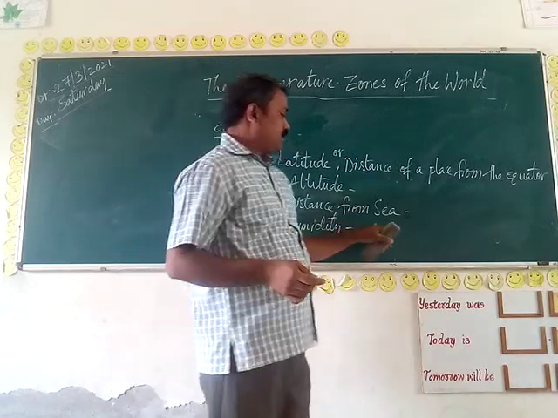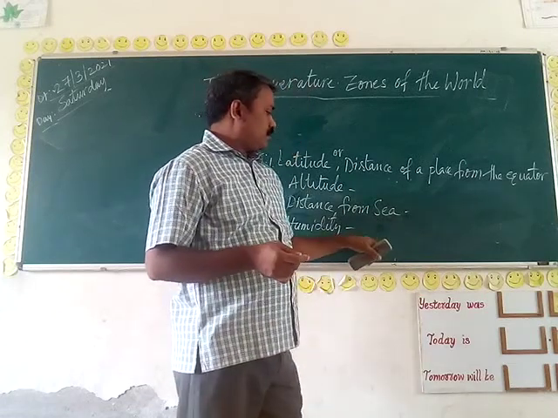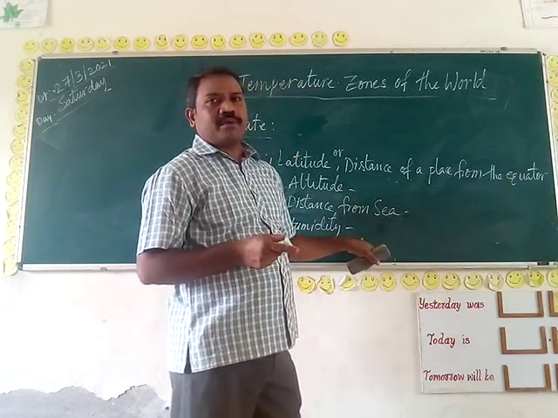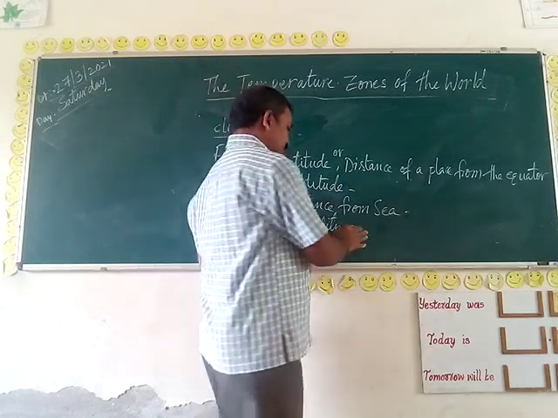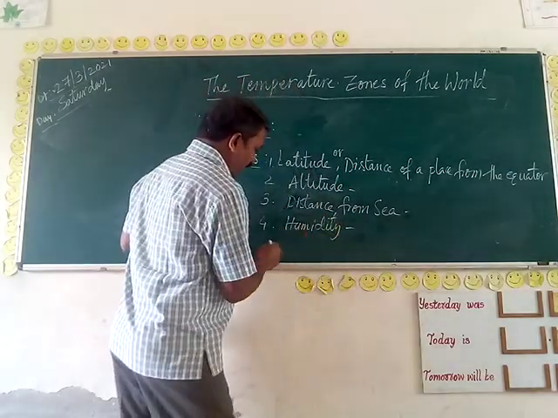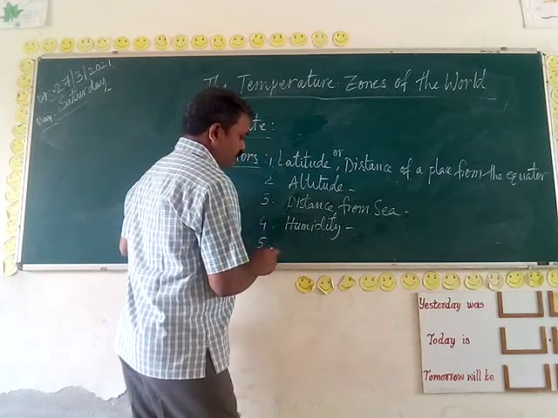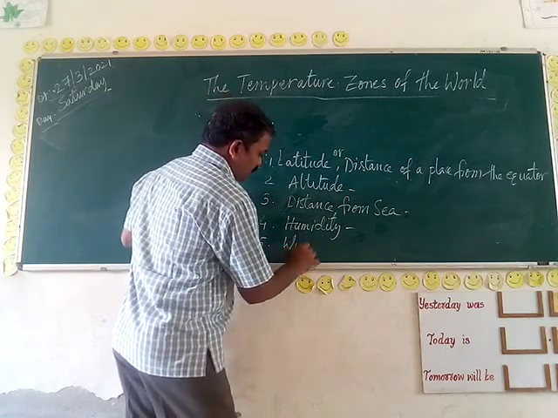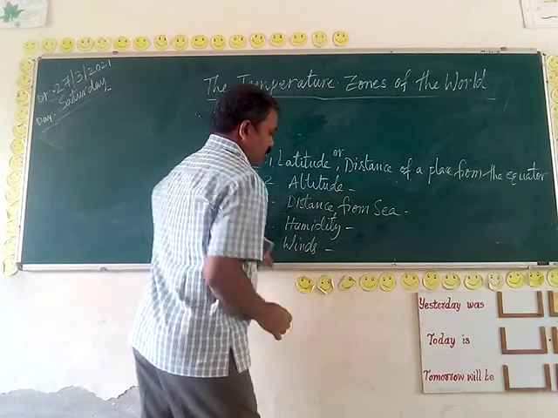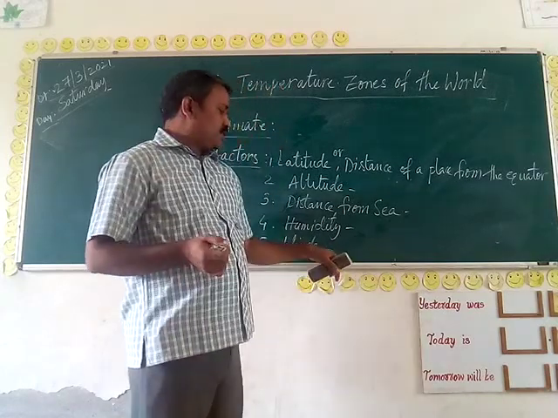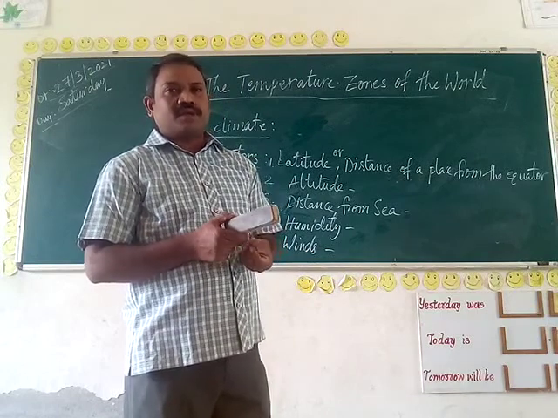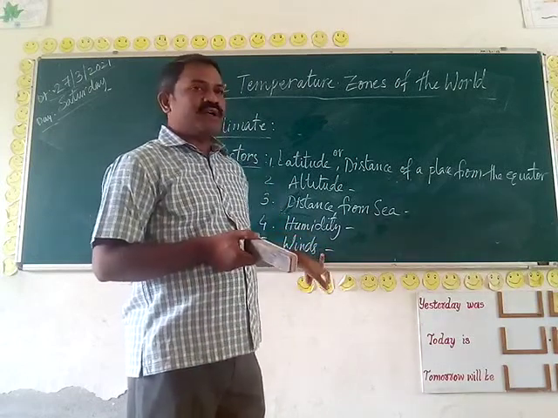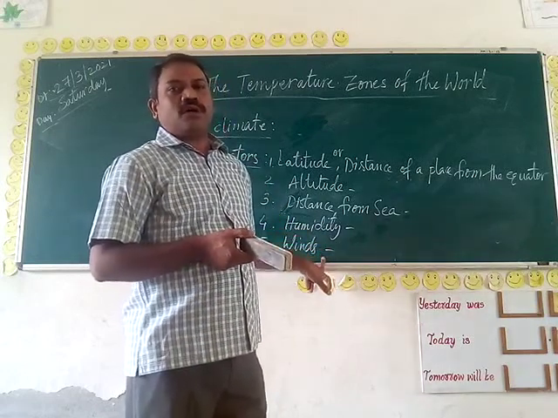And fourth one is humidity. Humidity means the amount of water vapor or moisture present in the air that determines the climate of the place. And fifth one is the winds. Winds also influence the climate of a place. That depends upon where the winds originate.